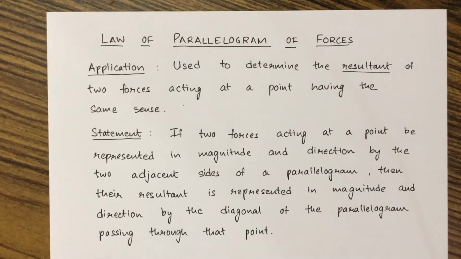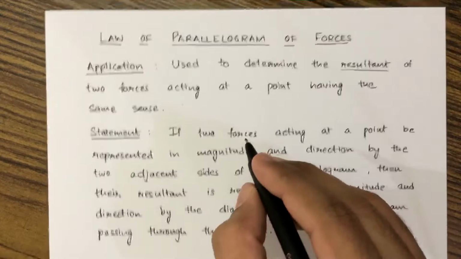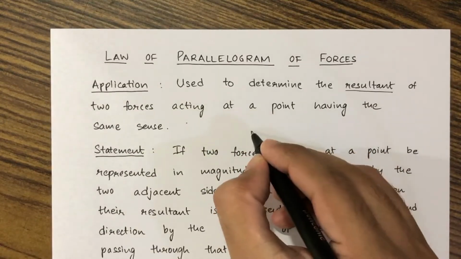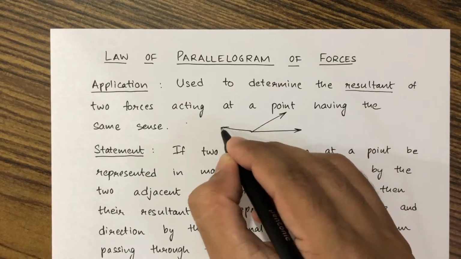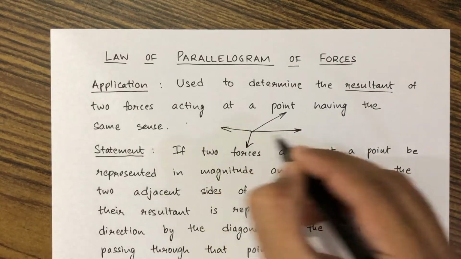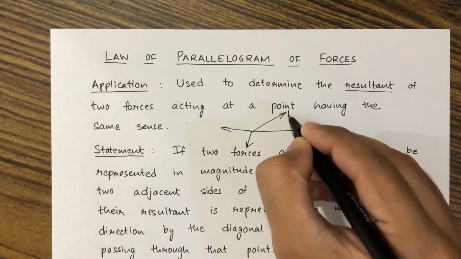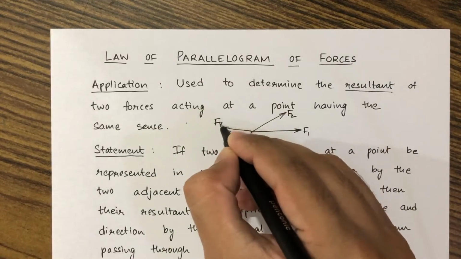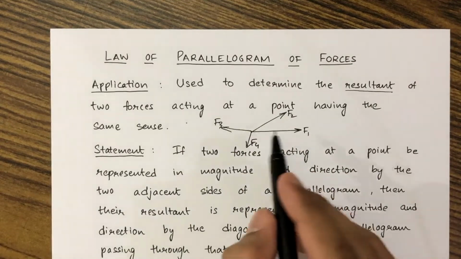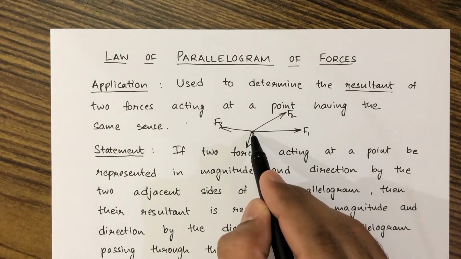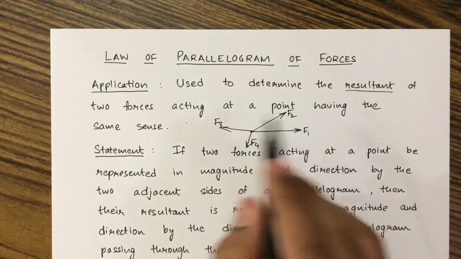Like for example, if there are several forces, this is one force, this is another force, this is third force, this is fourth force. So this is suppose F1, F2, F3 and F4. So this is actually a point from where all the four forces are passing.